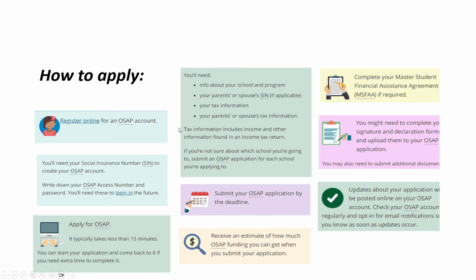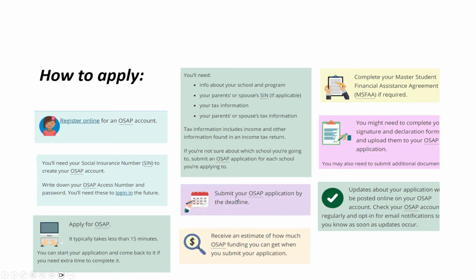Okay, so there are some steps of applying. The first one is to register online in here, and after that you can apply for OSAP. So it means that you have to have an account first and then apply. Then after entering all the information, for example your school, your program, your parents' or spouse's SIN number, taxing number, something like that, you hit submit on the application.